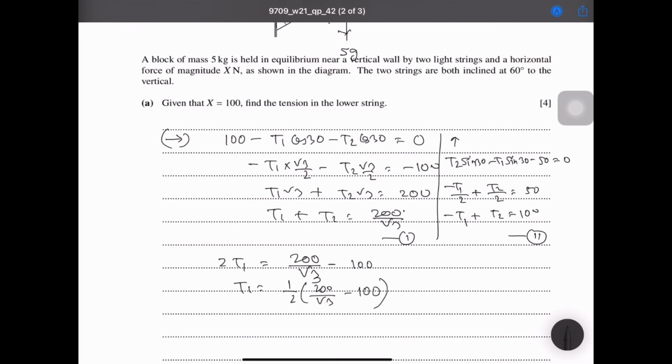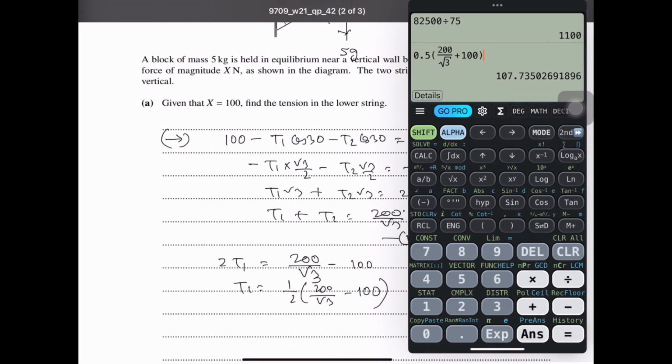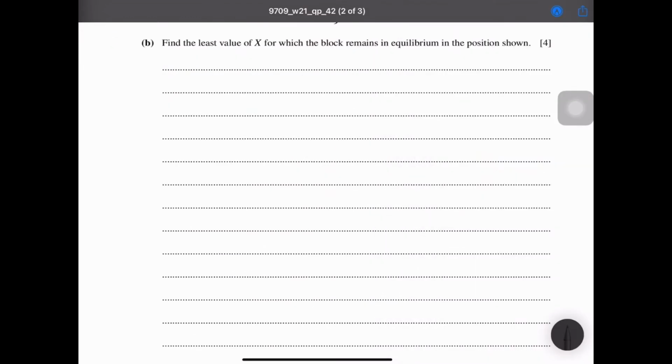Now let me use the calculator to simplify this one. 0.5 times 200 divided by root 3 minus 100. So T1 is 7.74 Newton.